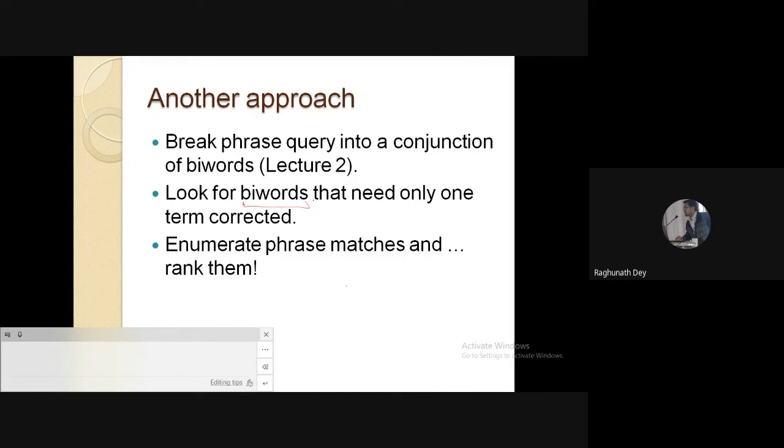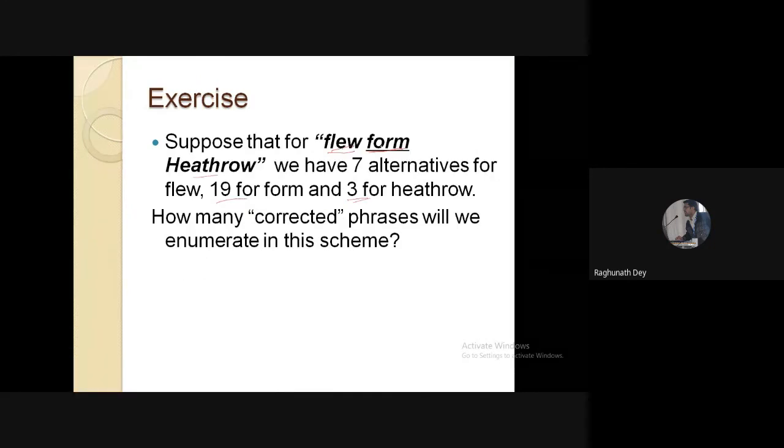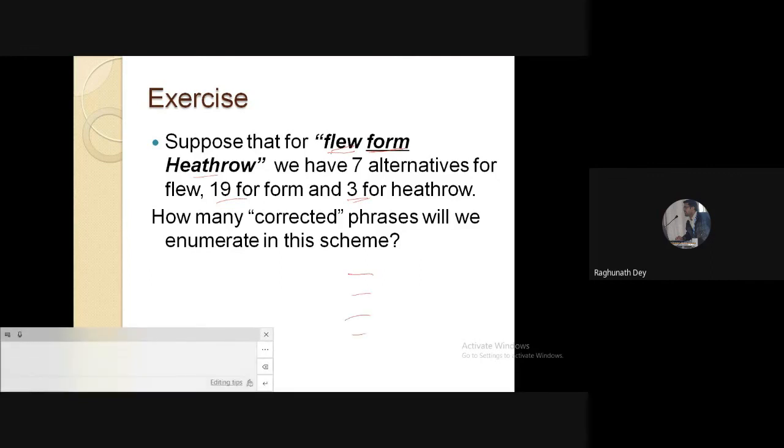Suppose in this example, flew from Heathrow, I found that in whatever index we have, the phrase entry we have, term 1 and term 3 are matching correctly, whereas this one is not matching.